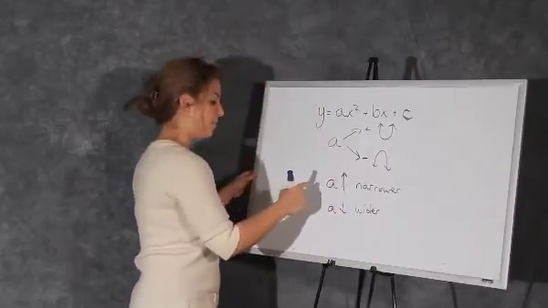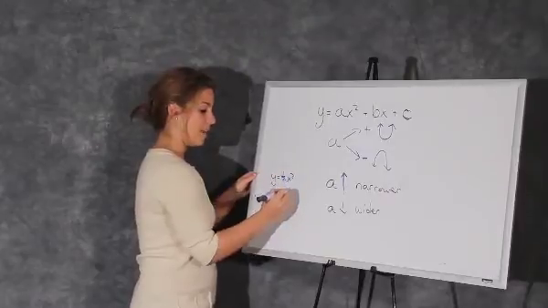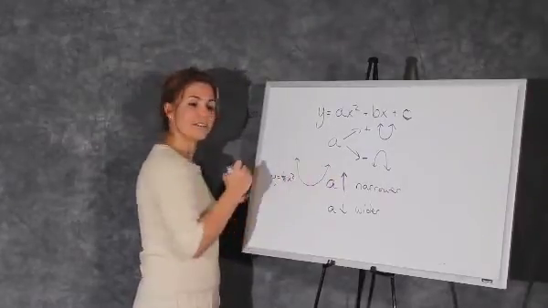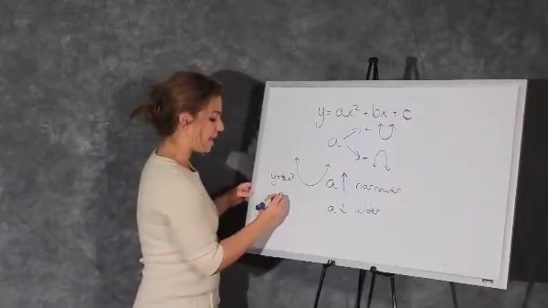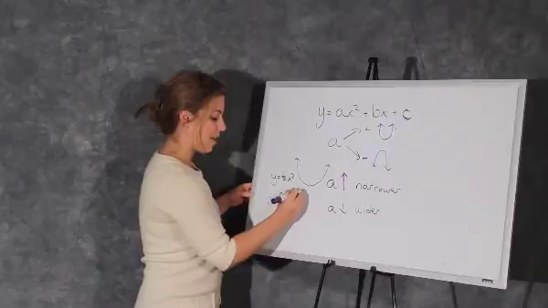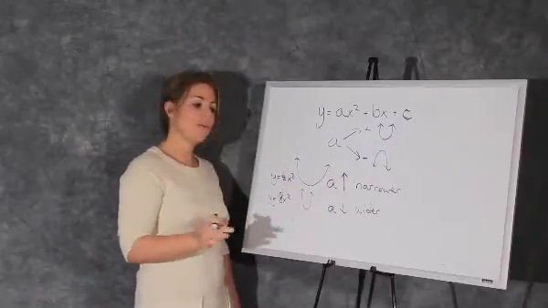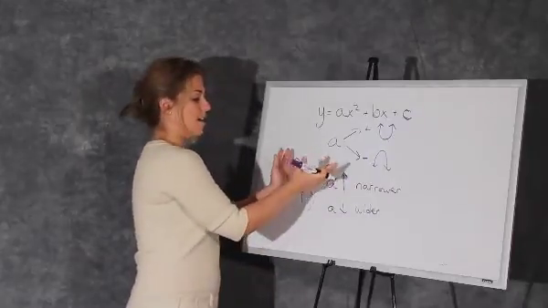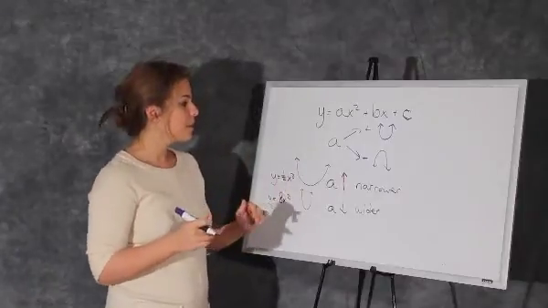So for example, if we have y equals 1/2 x squared, that's going to be a really, really wide parabola, like that. Versus if you have y equals 8x squared, you're going to have a super skinny parabola, like that. So that's what I'm talking about when I say narrow versus wide. It's how far your two arms are going to go from each other.